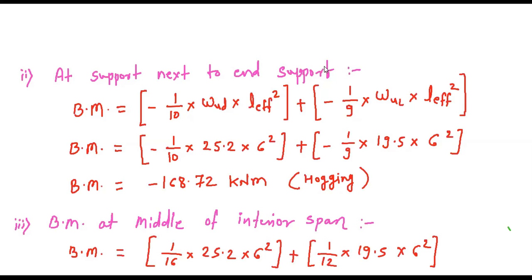Now if you solve this, you will get the value of bending moment: 115.2. Okay, 115.2 kilonewton meter is the right answer, and this is sagging moment because we are getting a positive answer.